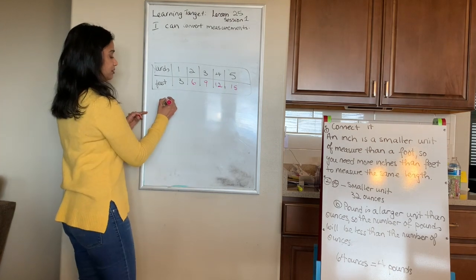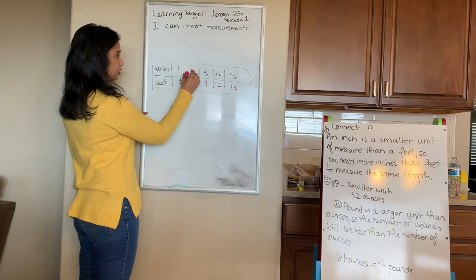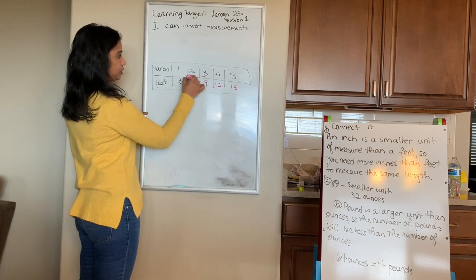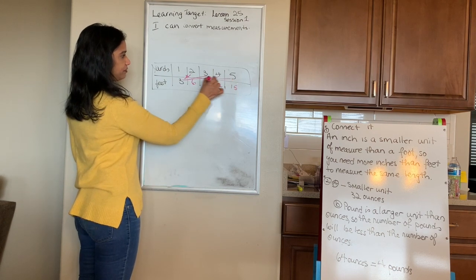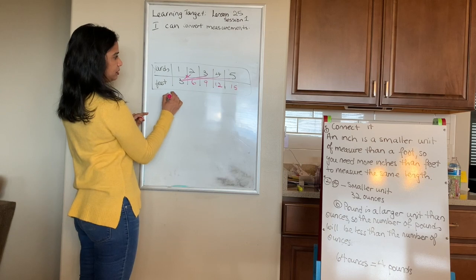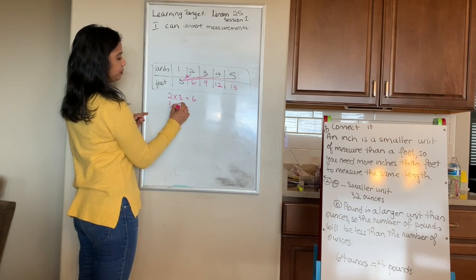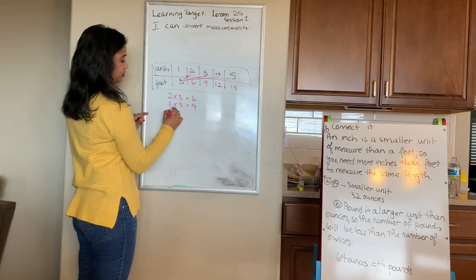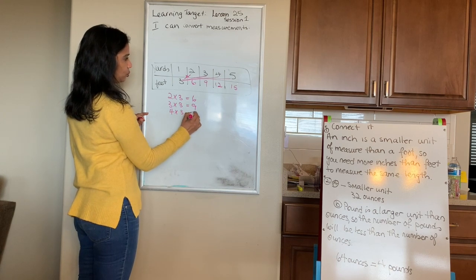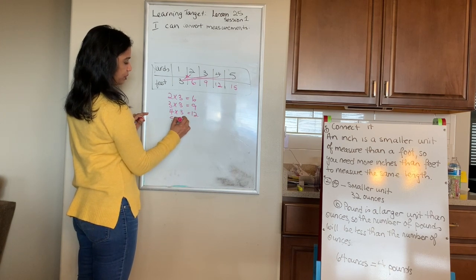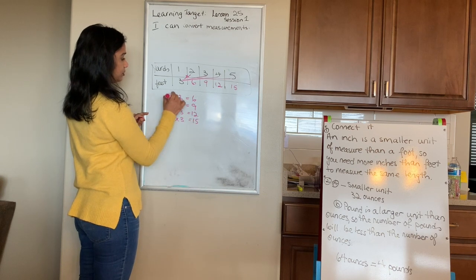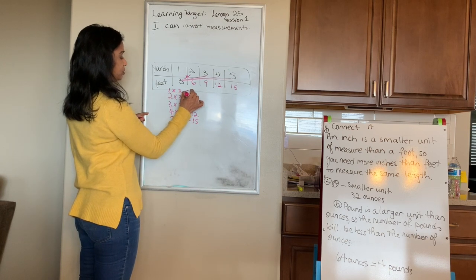How do I know that? Because I'm multiplying 2 by 3, right, to get 6. And then I multiply 3 by 3, then I multiply 4 by 3, and then I multiply 5 by 3. So you see, 2 by 3 is 6, 3 by 3 is 9, 4 by 3 is 12, and 5 by 3 is 15, right? 1 by 3 is 3.